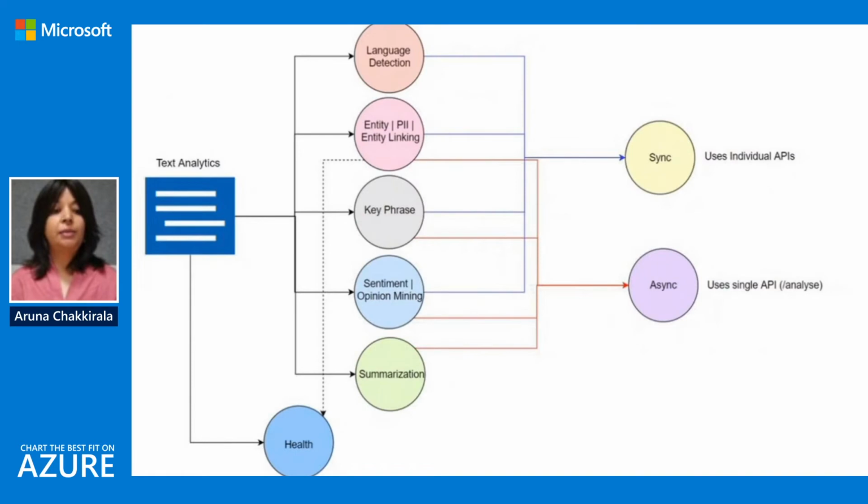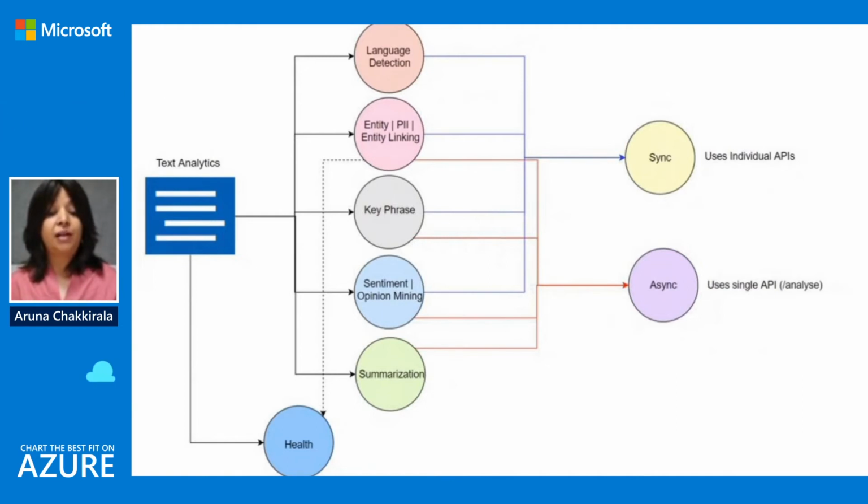So let's look at the big picture from this image. As you can see, text analytics gives you a number of abilities, right from language detection or broad entity recognition. Personally identifiable information is part of the entity recognition. Similarly, you can also do key phrase extraction as well as powerful sentiment analysis or opinion mining.